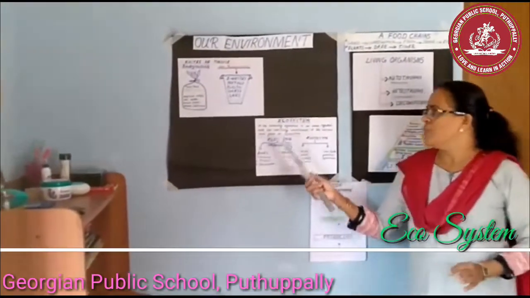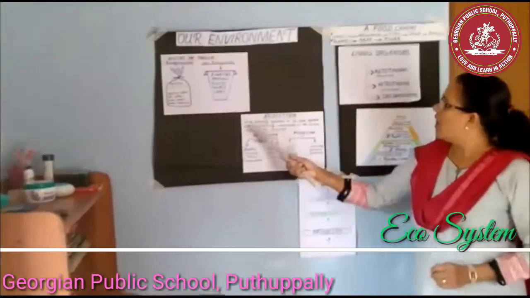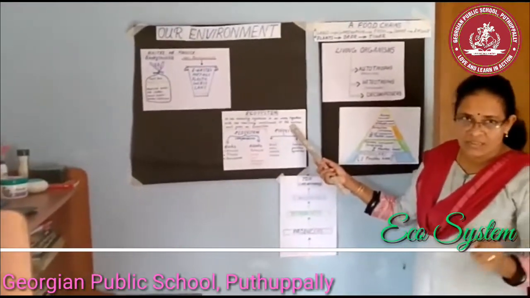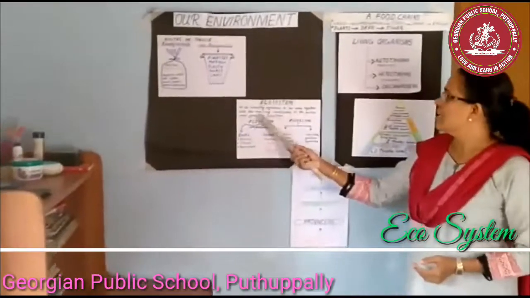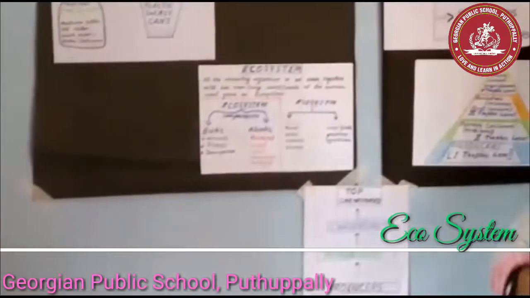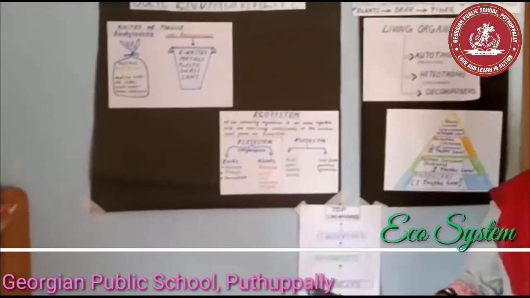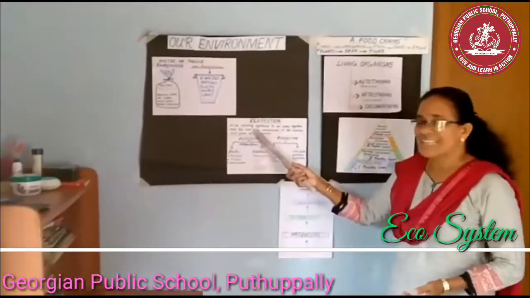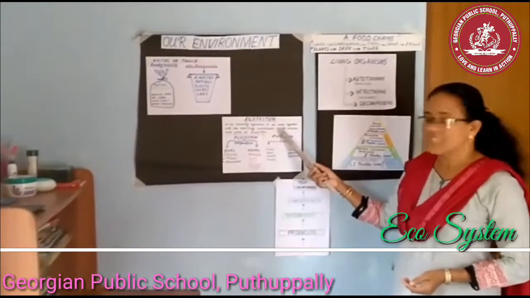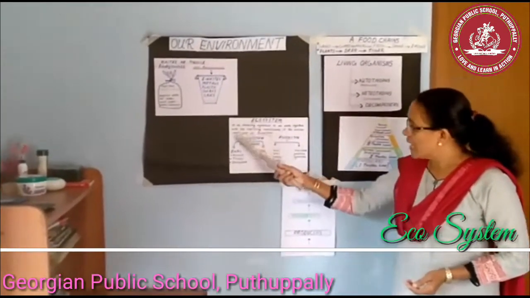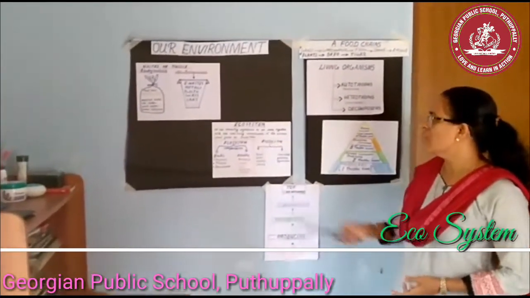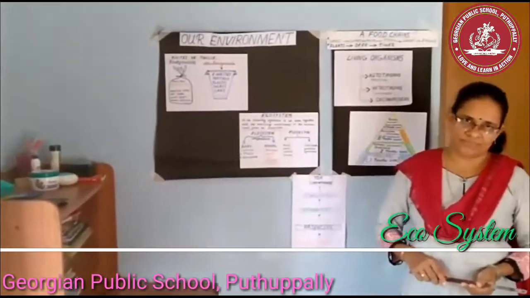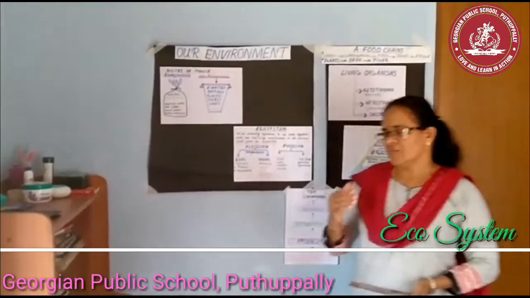So we can tell all the interacting organisms in an area together with its non-living constituents of the environment form an ecosystem. Understood? All the interacting organisms in an area together with the non-living constituents of the environment form an ecosystem.